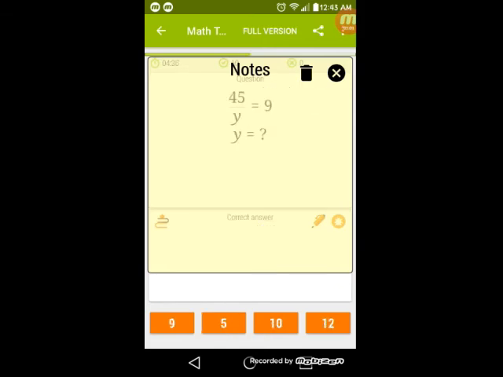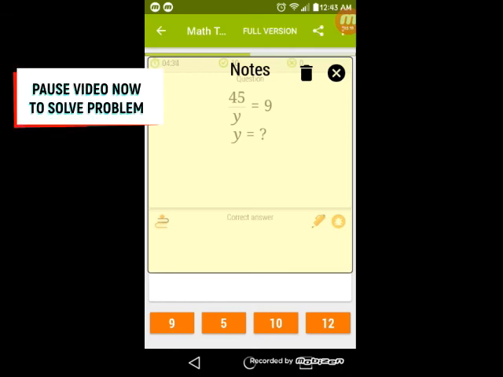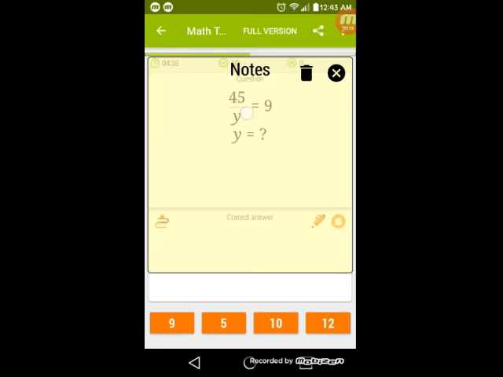Okay. 45 divided by y is equal to 9. Again, you want to take this y over this side to become times, right? Times whatever's on that side. Okay, let's start. 45 is equal to 9 times y.